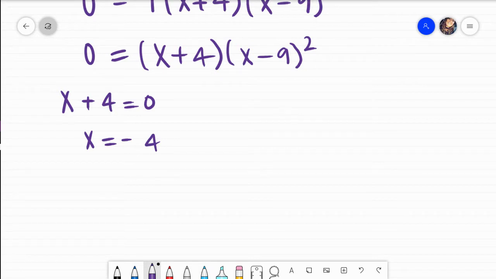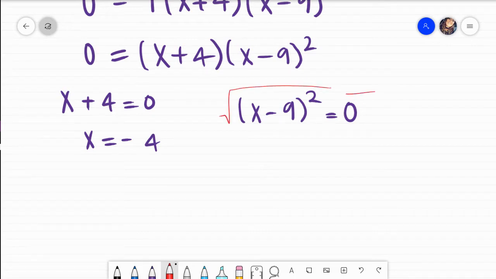And then my x minus 9 all squared. What you do is you take this whole thing, set it equal to 0, and then we learned the square root property. We could take the square root of something being squared, and what happens is it cancels.